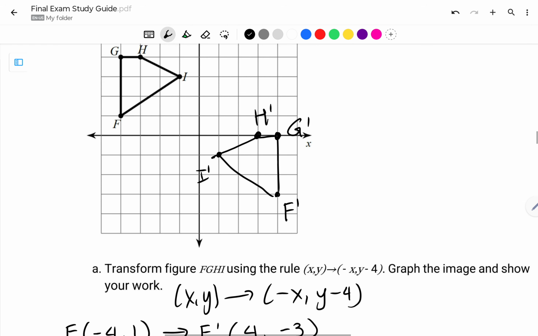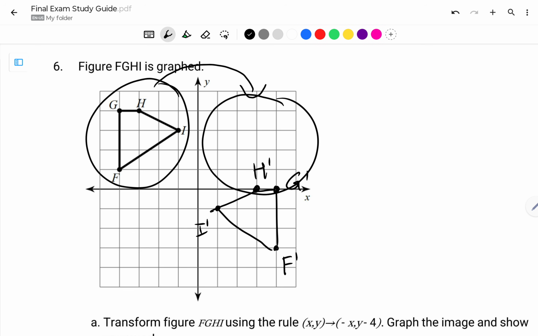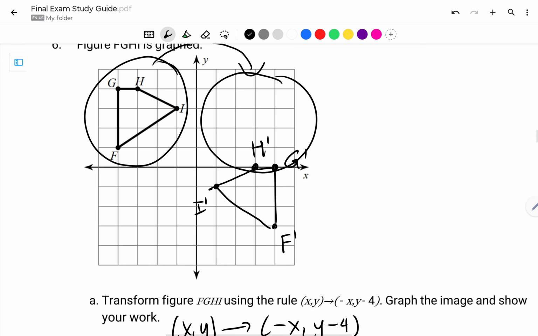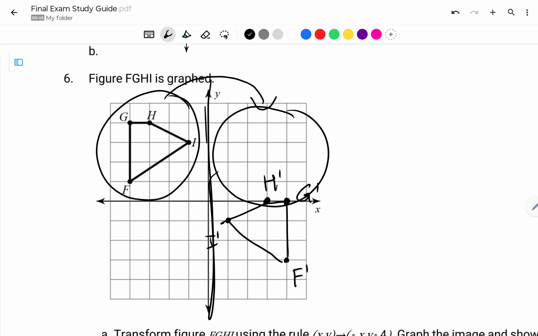But I noticed there's a negative on the x, right? So when I look at my graph, the negative on the x, what did that do? I kind of just flipped it. It looks like it went from this side to the other side, right? So that's a reflection, right? If I went from that side to the other side, it's reflecting across the y-axis.